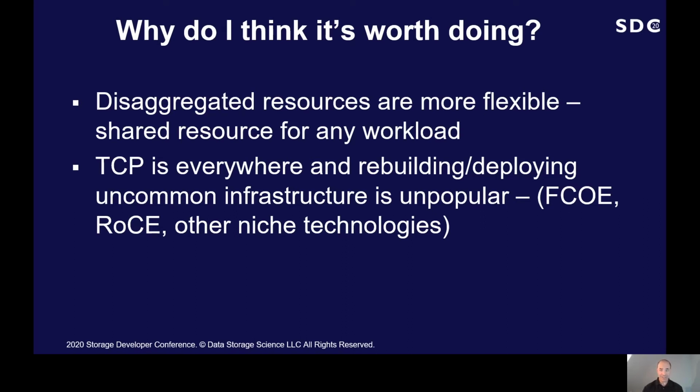And then the other thing about why I think this is worth doing is that TCP networking is everywhere. It's universal, it's ubiquitous, and building and deploying uncommon infrastructure is not incredibly popular. There have been a number of technologies, and there continue to be a number of technologies that are either higher performance or more efficient or more specialized or dedicated to certain tasks.